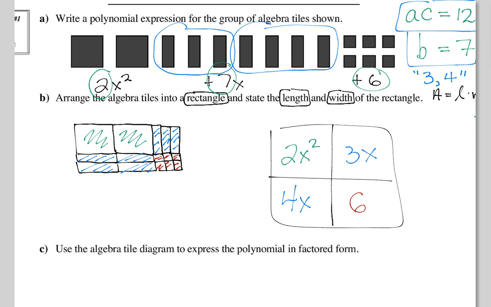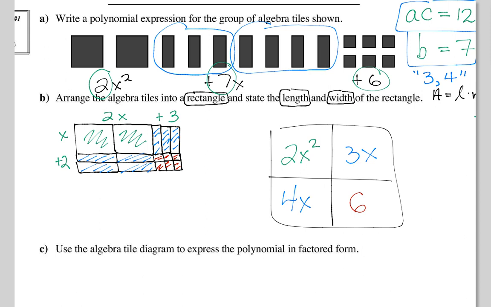So if you're asked to find the length and the width, what's the length here? 2x plus 3. Because the length of the square is 1x, so it's 1x plus 1x is 2x plus 3. And this way it's x plus 2.